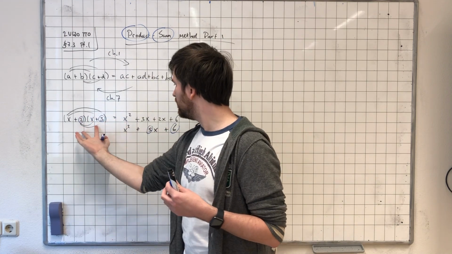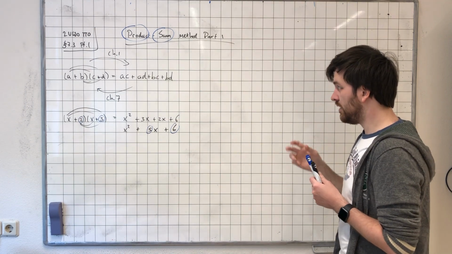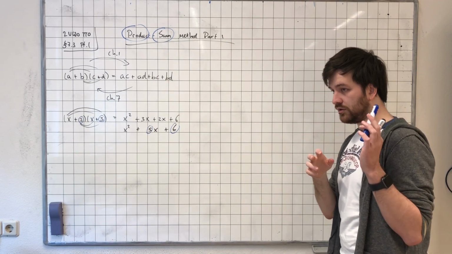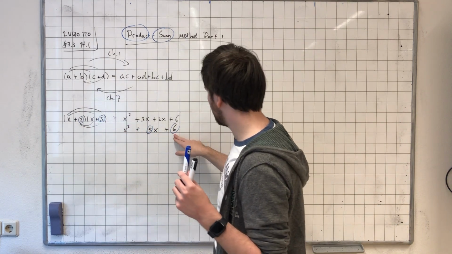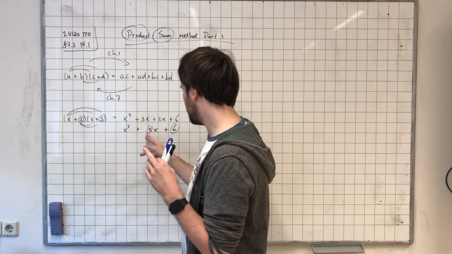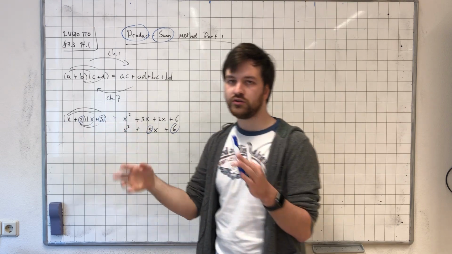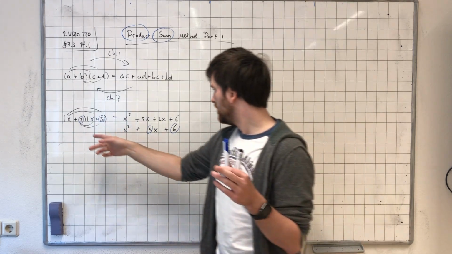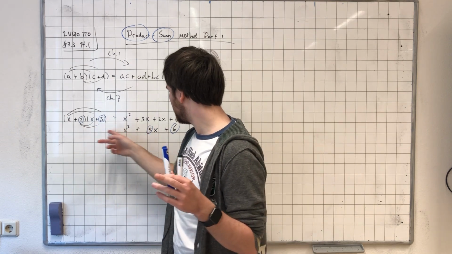So what do these two numbers have to do with these two numbers? Maybe you remember that the product was basically multiplying numbers. Well, 2 times 3 is 6. The sum was adding numbers, so 2 plus 3 is 5. So what you see is, if you try to remove the brackets, multiplying these numbers gives you the last term, and adding them gives you the second one.